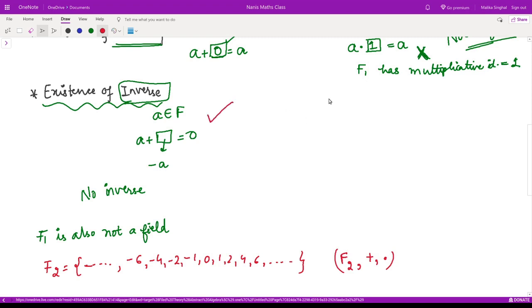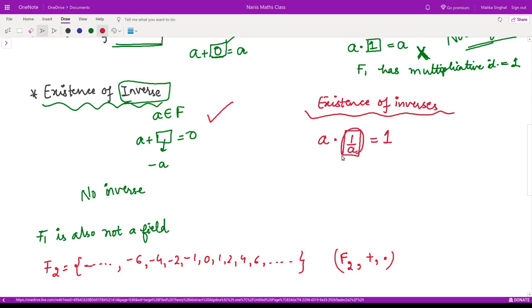Now let us check for the existence of multiplicative inverses, right, under multiplication. If I have some number a, then what should I multiply to this number so that I obtain the multiplicative identity? What is that? That is 1. So what should I write over here? I should write 1 upon a.